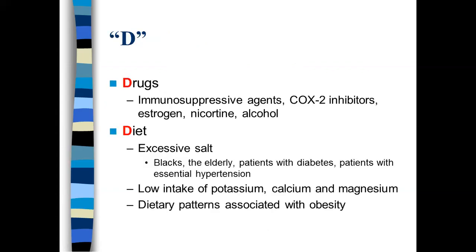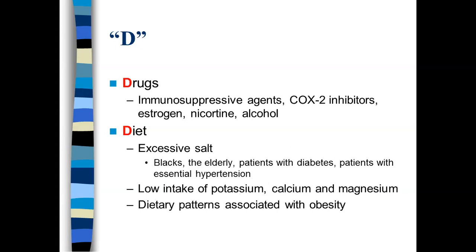Drugs that enhance hypertension are immunosuppressive drugs, COX inhibitors, estrogen and nicotine, alcohol, diet, and excess salt intake, the junk food or fast food that has a lot of fat and a low level of potassium.